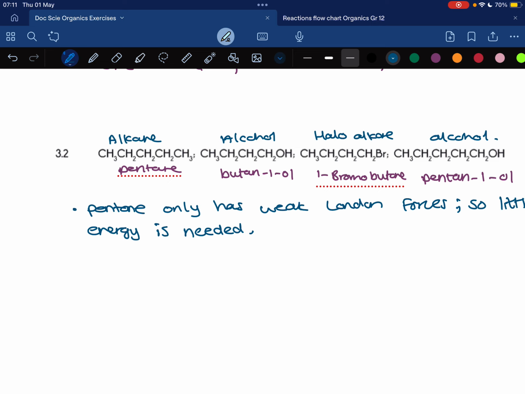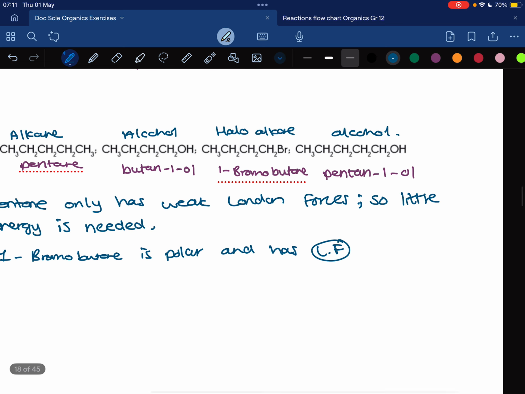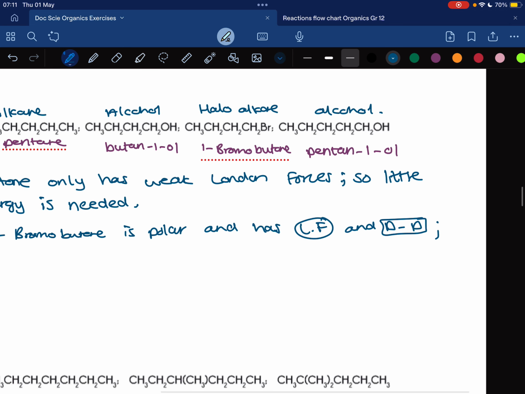Then 1-bromobutane is polar and has London and dipole-dipole. So I'm going to use LF for London. You obviously can't use LF in the test. And dipole-dipole. So then more energy is needed.